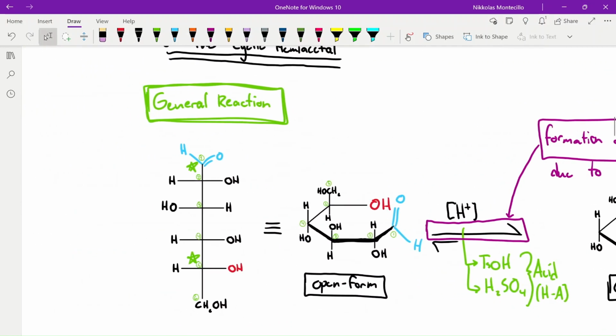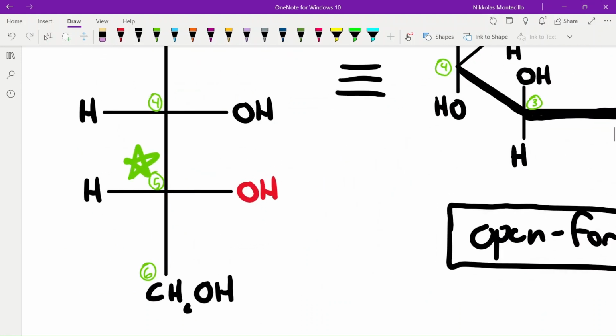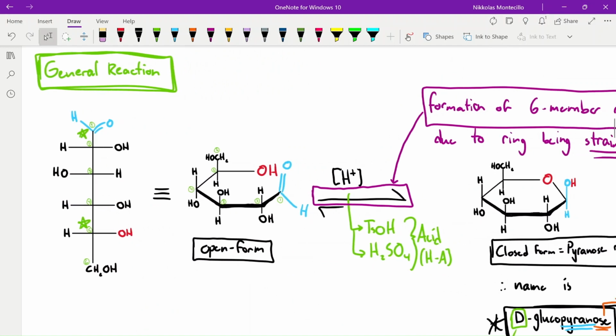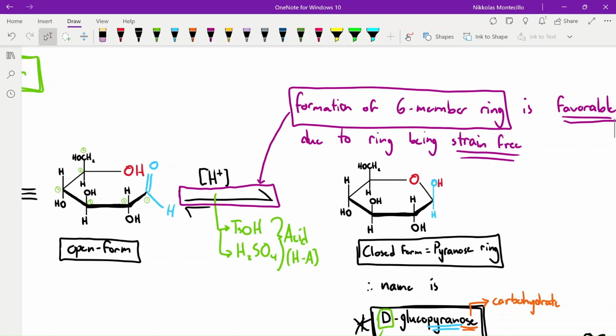So that's the reason why the hydroxyl group on carbon 5 is the one that reacts with the aldehyde to form the 6-member ring, because the 6-member ring is the most stable ring that forms. It's considered relatively stable compared to its five member ring counterparts, as well as 7-member rings.